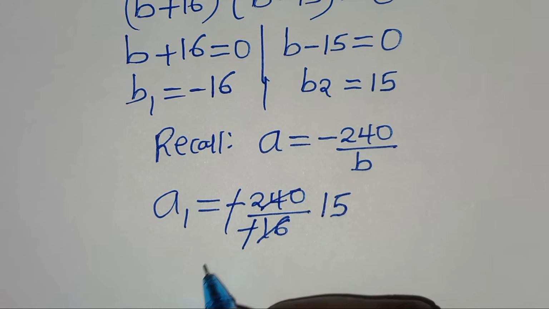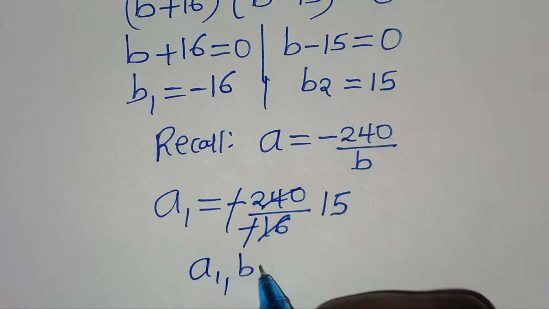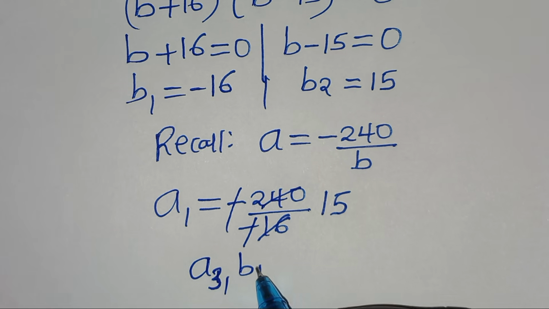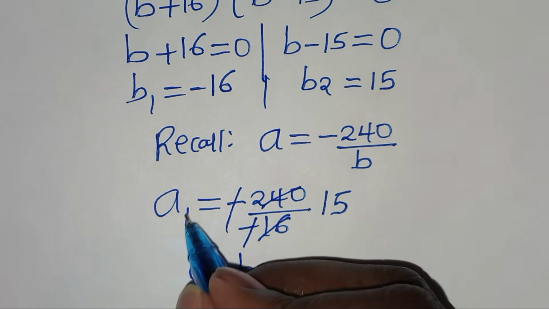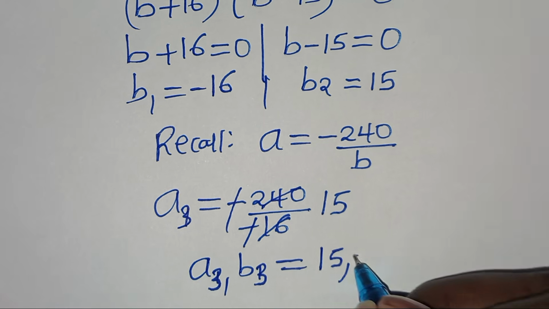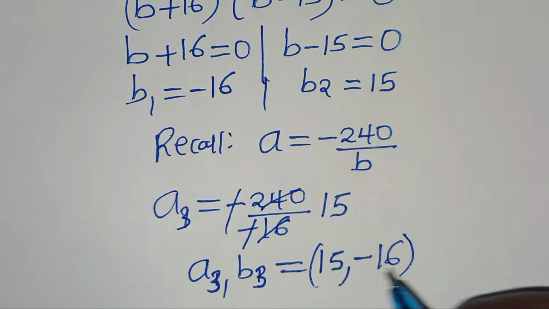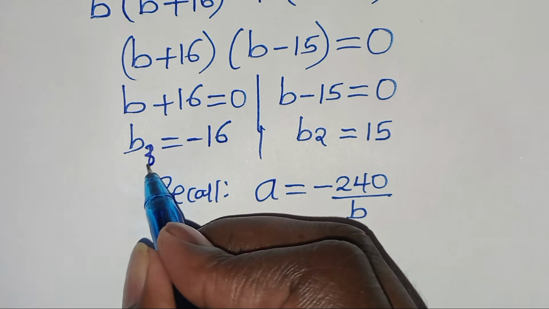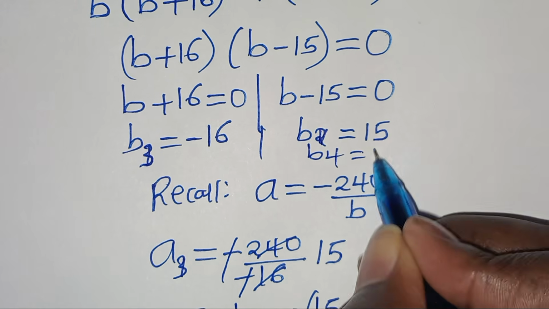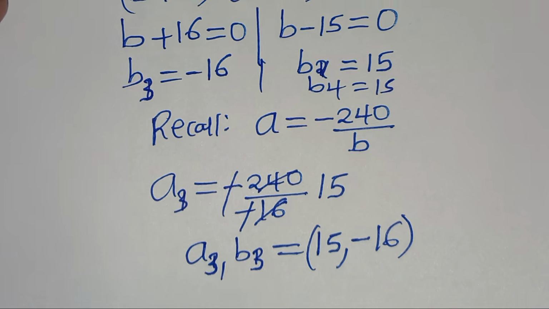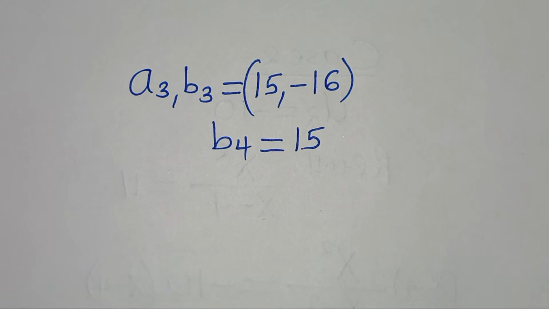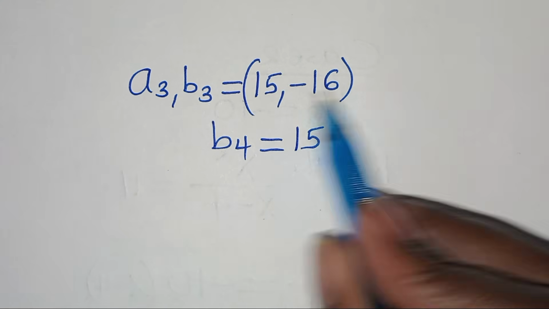240 divided by 16 is equal to 15. And therefore, we have that a1, comma b1, no, this is a3, comma b3. So this is equal to 15, comma minus 16. This is also b3. And we have b4 is equal to 15. So this is the third set of solution we have.